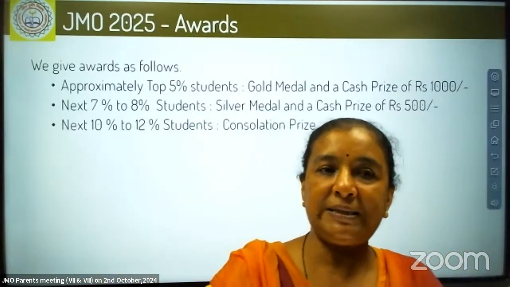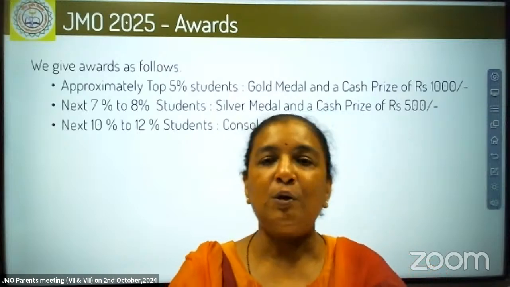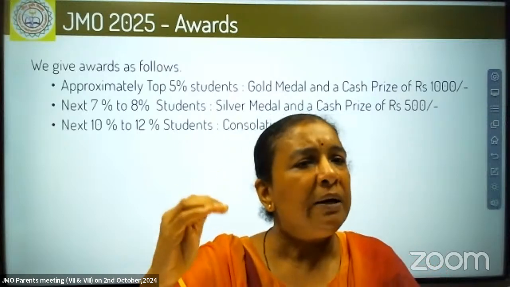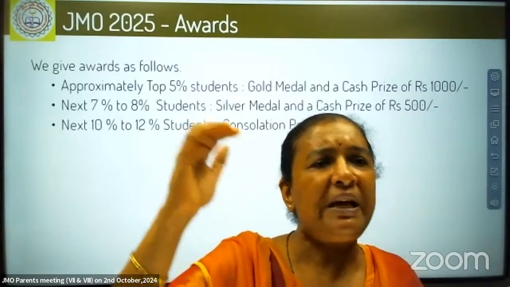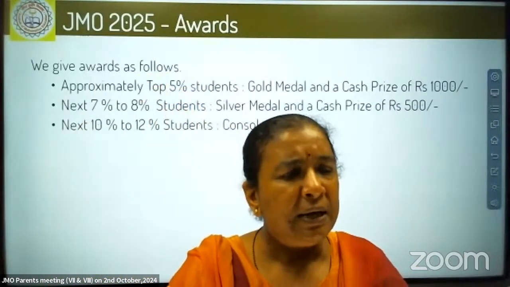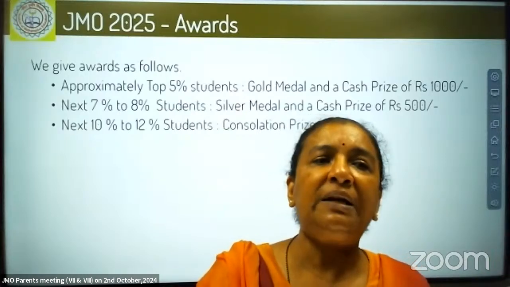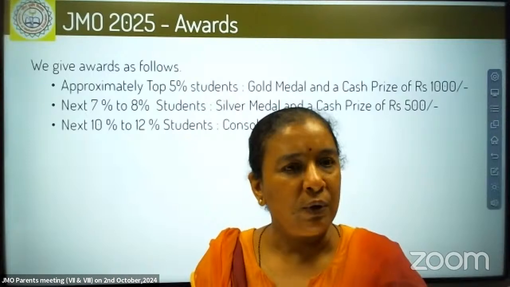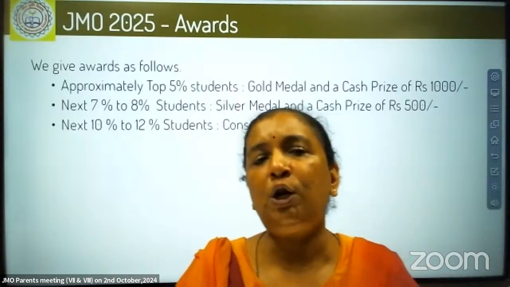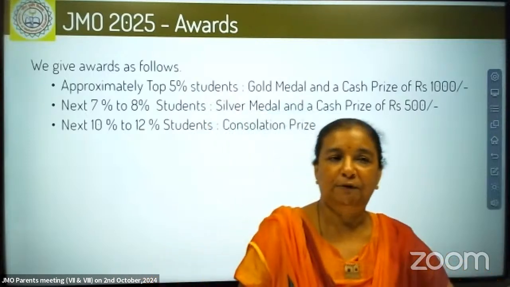And as I said, there is no fixed cutoff. Sometimes our topper student will get, say, 80 or 82 marks. The next student, the second rank, might get only 70 or 68. We just cannot predict how the students will perform.